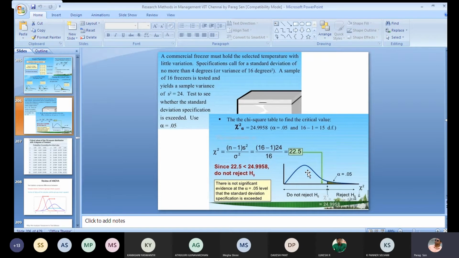Because if you reject the null hypothesis, it indicates that at the population level there is a difference in the variance compared to the specification suggested at the design stage, which is not matching for your case. Obviously you will not want that. Your desire will be that there is little variation from what was suggested in the design.